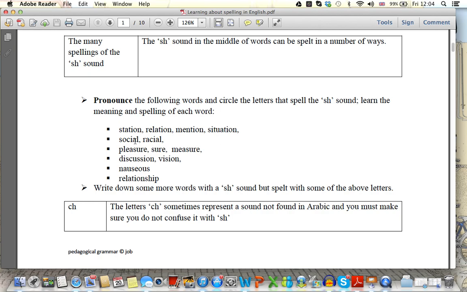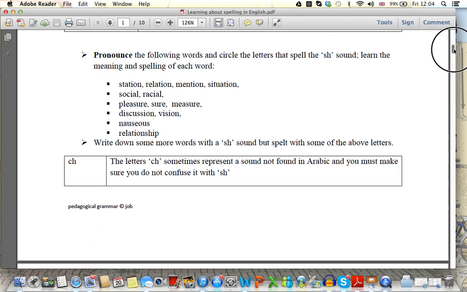Then we have social, racial, with ci representing the sound. We have pleasure, sure, and measure, where we have an su, discussion, vision, nauseous, relationship. So in the case of all these examples, you need to learn the spelling.